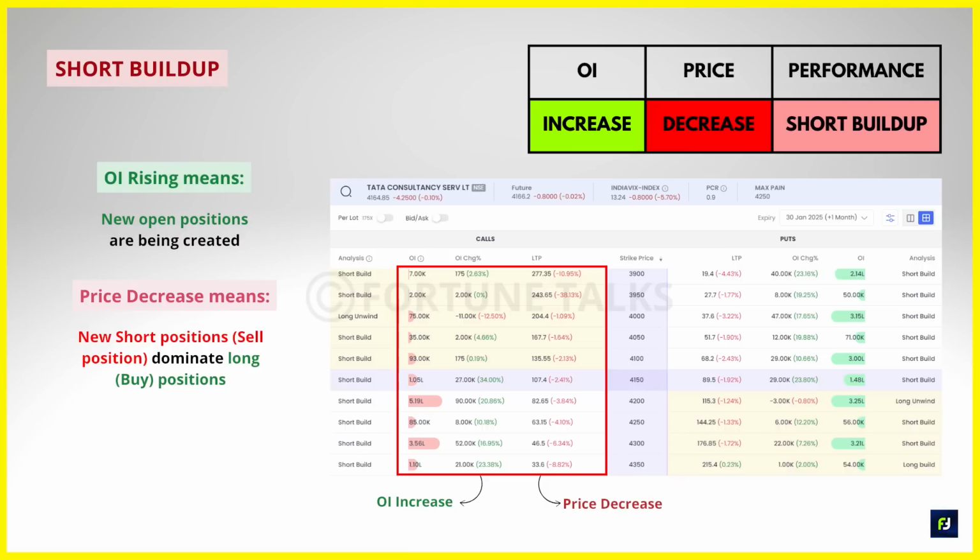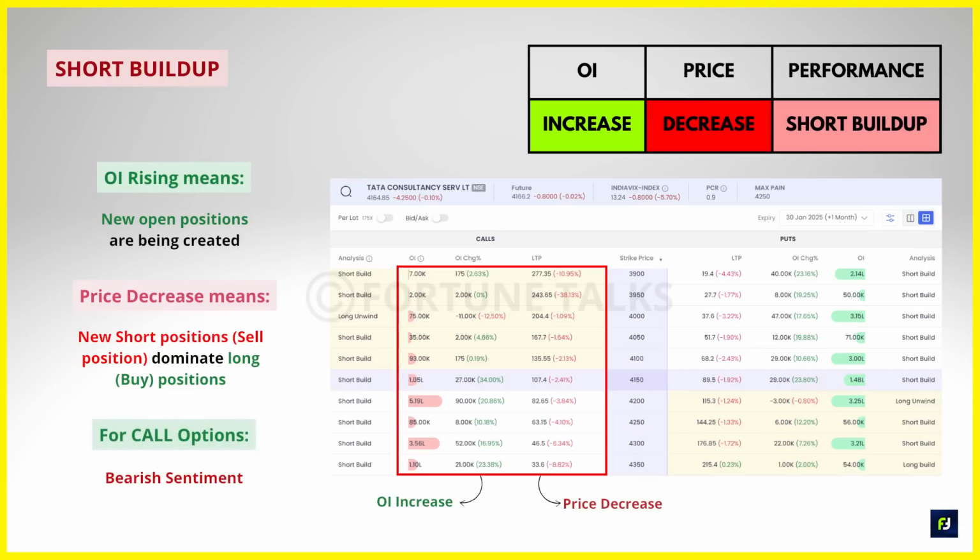And since the open interest is rising, it means that new contracts are being added. But because the prices are falling, it means that the new contracts which are being added are dominated by fresh short positions and not really by long positions. Hence, it is a strong bearish signal.